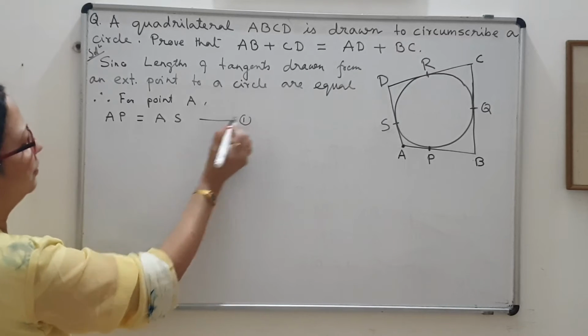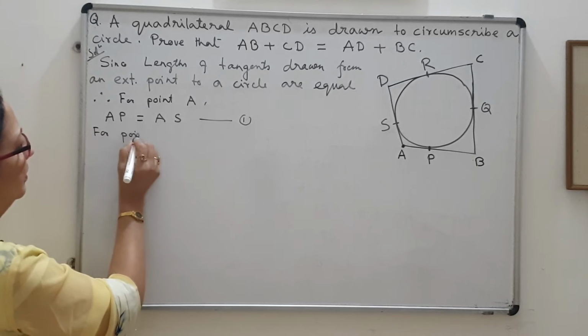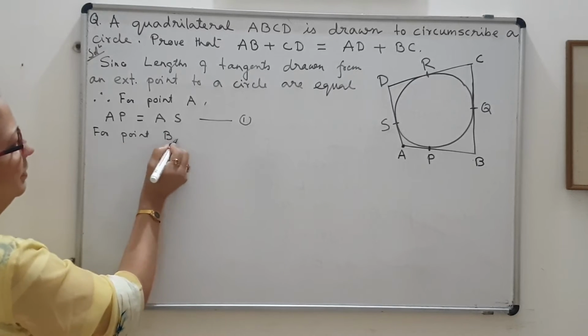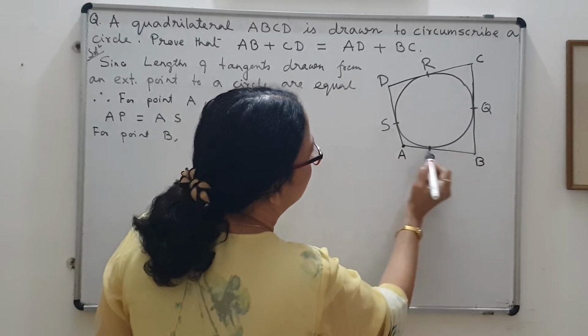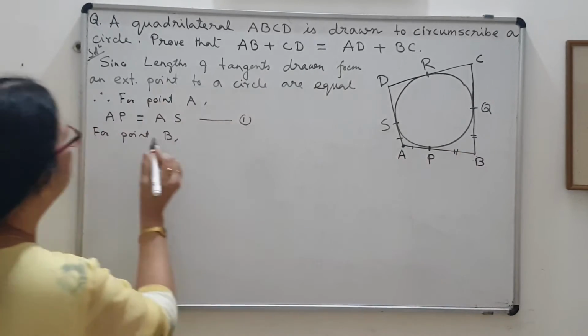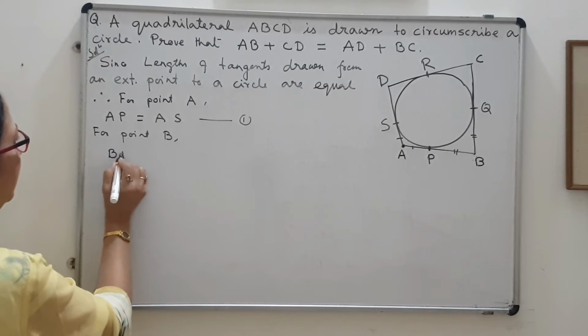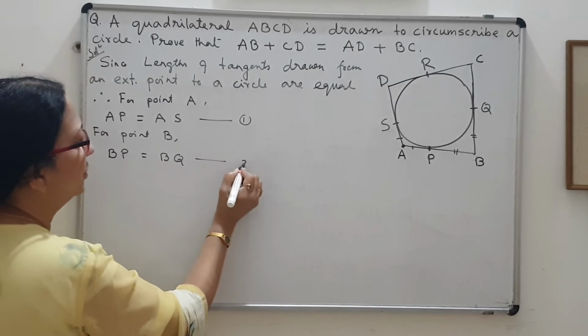Mark it as equation 1. So for point B, when B is the external point, then BP will be equal to BQ. Second equation.